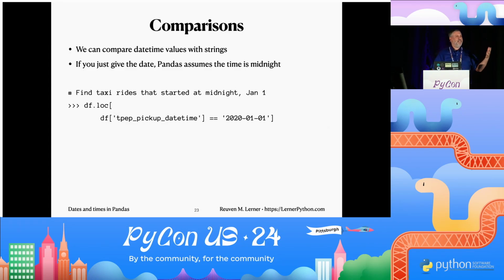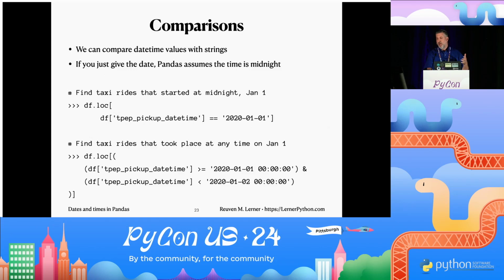What if I want to find things that are on New Year's Day anytime? Well, then I can be a little more sophisticated. I can say where it's greater than or equal to New Year's Day at midnight and less than January 2nd at midnight. Even better, if things are comparable in Python, right, if we have less than and equal on them, then we can sort them.